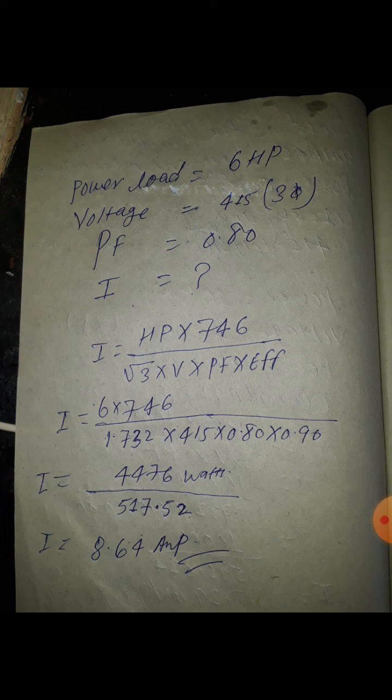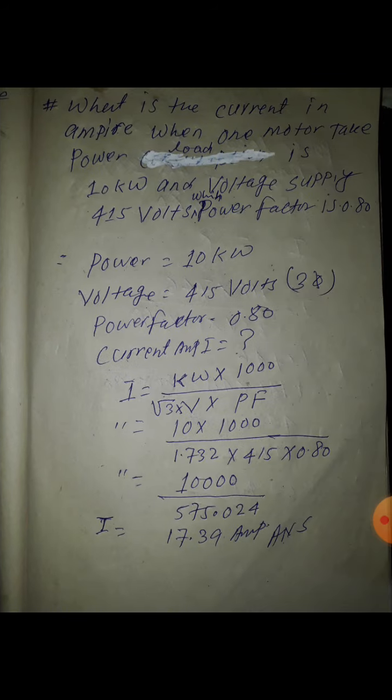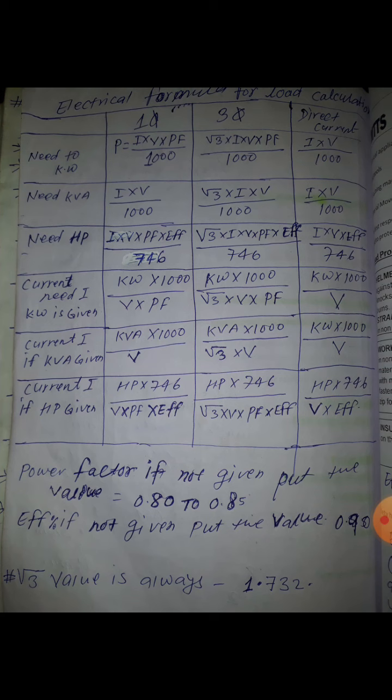So this is how to calculate with the formula. You can check all the formulas; there are all systems for single phase, 3 phase, and direct current. Whatever you need to calculate, use the formula and take the required one.